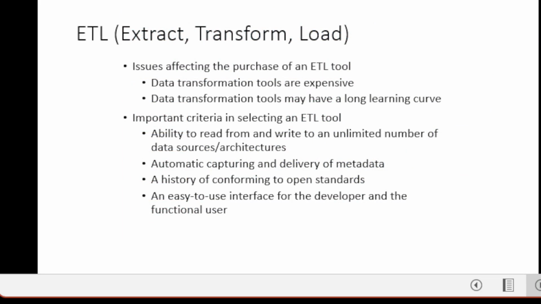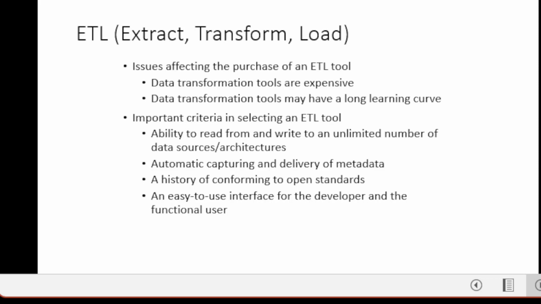Issues that affect the purchase of ETL tools: transformation tools are expensive, and the tools may have a long learning curve.